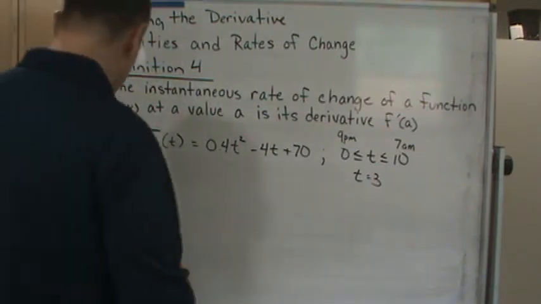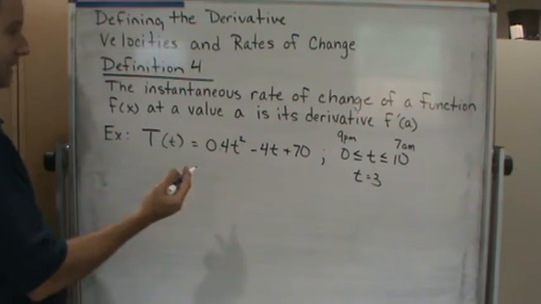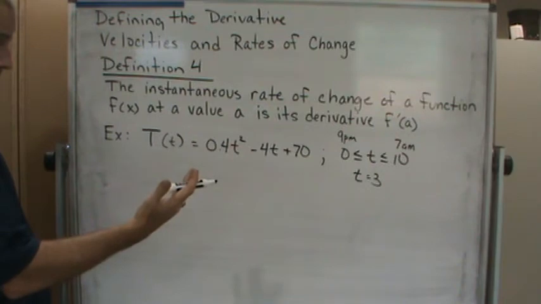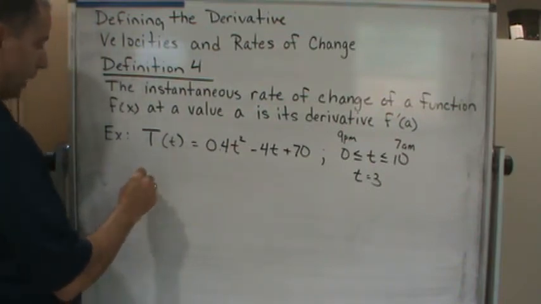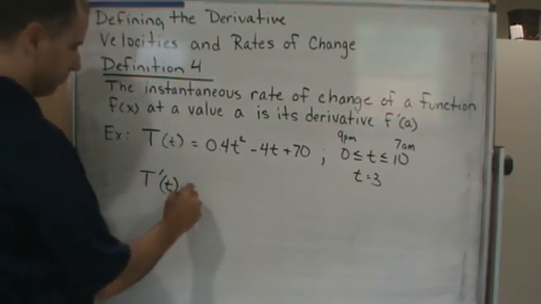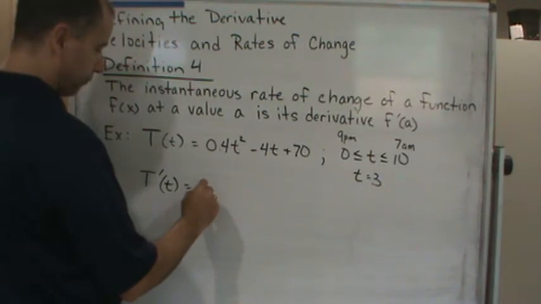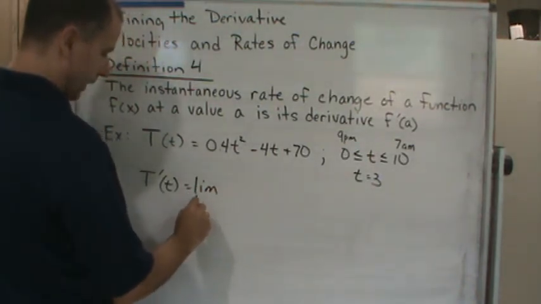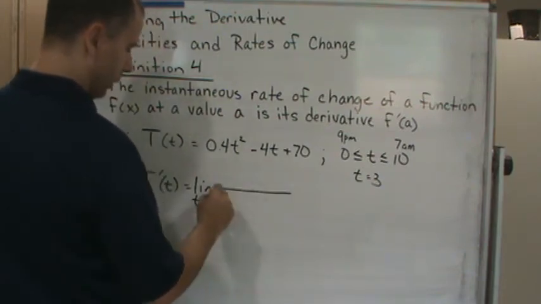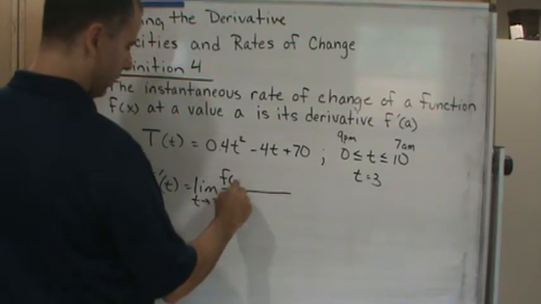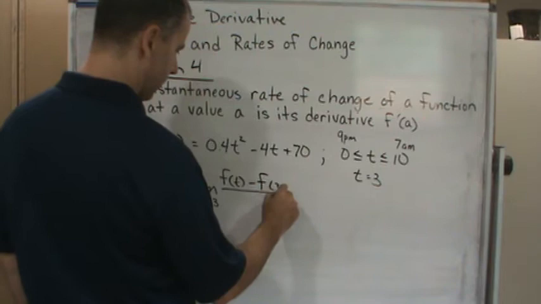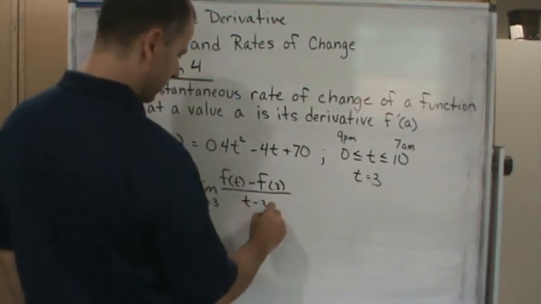Now what we want to do is find the instantaneous rate of change in temperature at midnight. That means we want f prime of 3, which is going to equal the limit as t approaches 3 of f of t minus f of 3 over t minus 3.